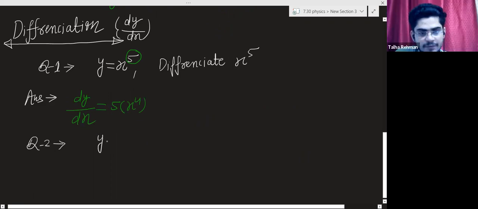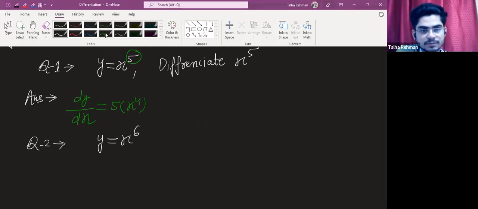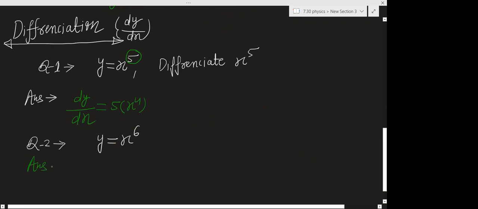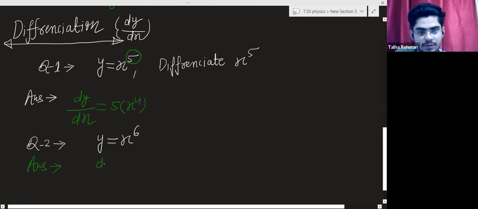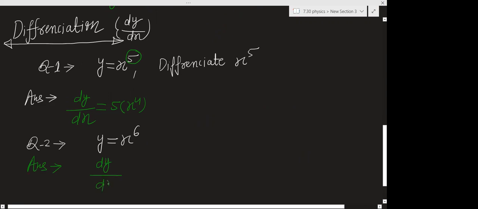Suppose I am writing y equal to x to the power 6, and I want to calculate dy by dx. 6 into x to the power 5. Very good. dy by dx is equal to 6 into x to the power 5.